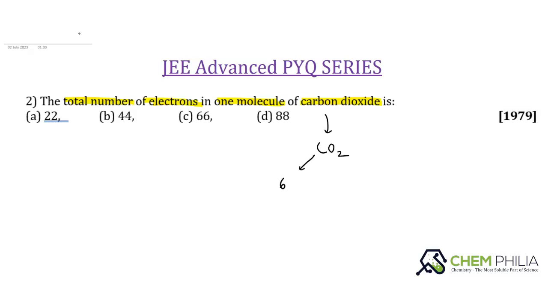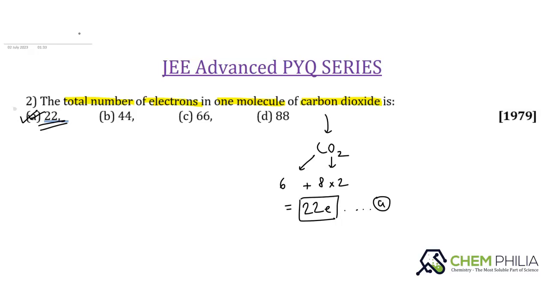So carbon has 6 electrons. Oxygen's atomic number is 8. 2 oxygens are there, so 8 into 2, plus 6, it's 22 electrons. Clear? So option A is the answer to this question. 22 electrons are there in total in one molecule of carbon dioxide.